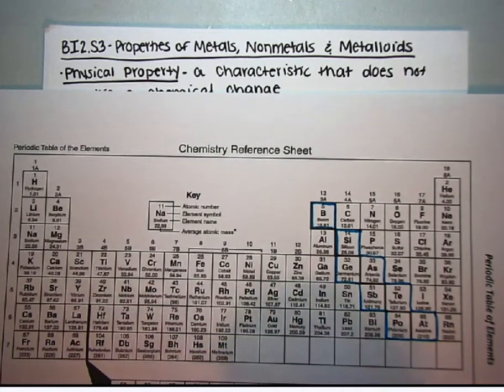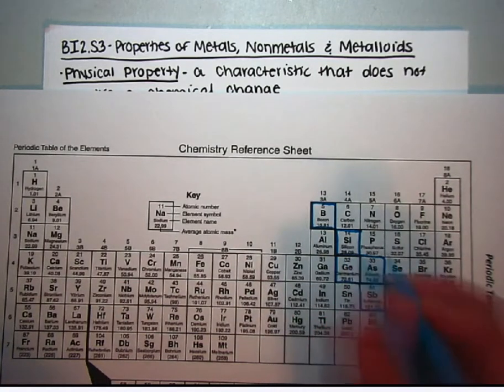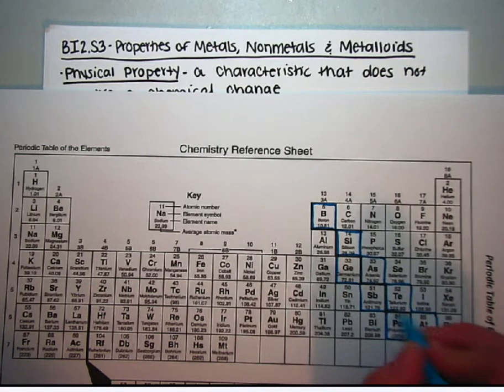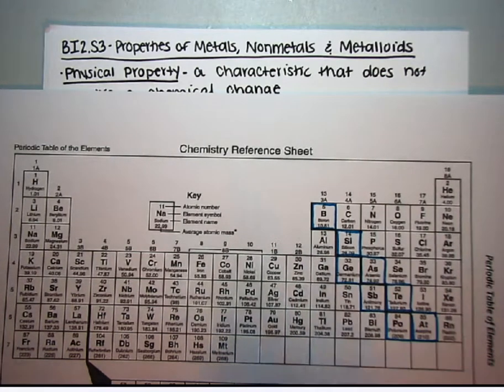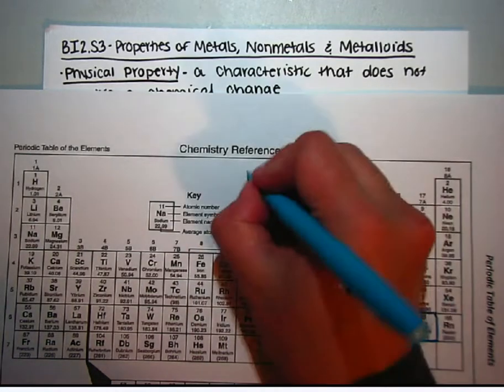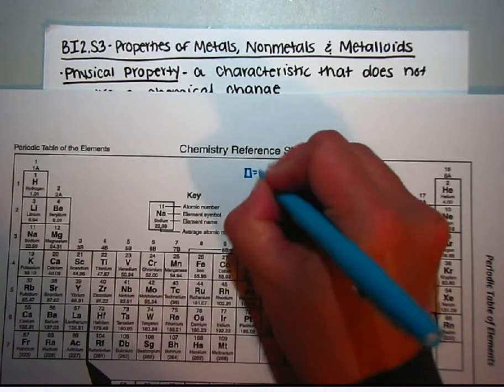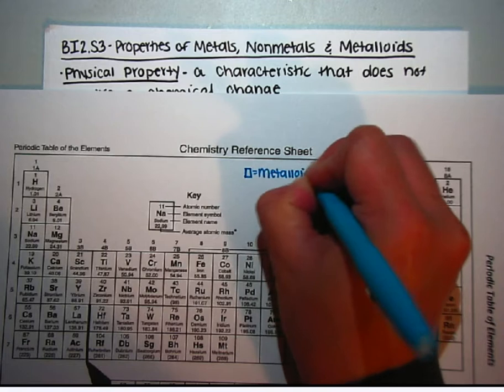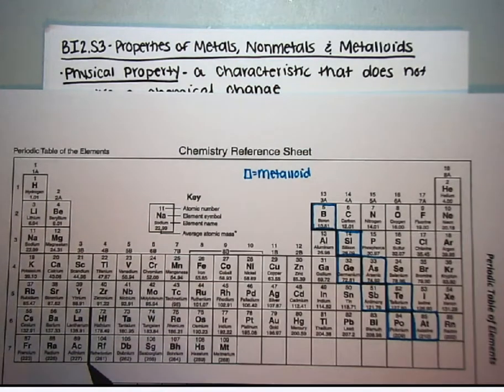Notice that any element that touches the staircase on both sides is considered a metalloid. Aluminum does touch the staircase, but aluminum is not a metalloid. So again, metalloids are down the staircase on either side.